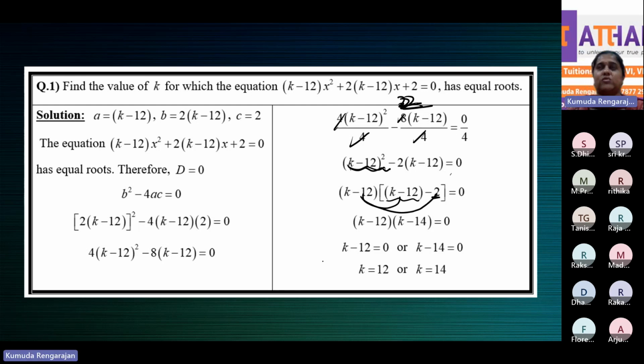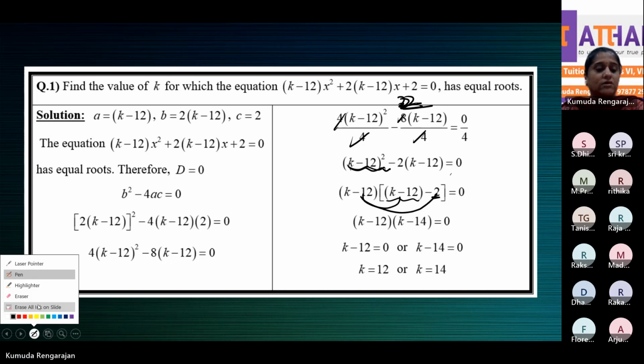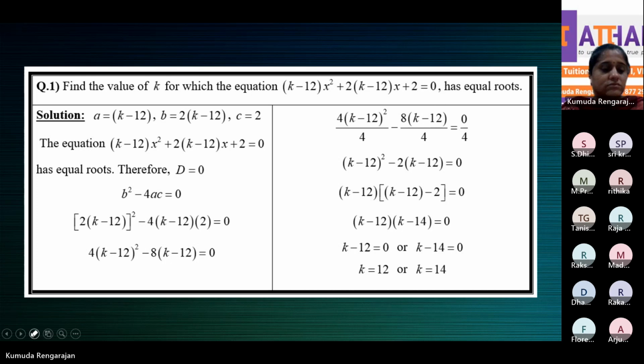Minus 2 into k minus 12 is equal to 0. All right. So k minus 12, minus 12 minus 2 is minus 14, is equal to 0. So k minus 12 is 0 or k minus 14 is 0. So k is equal to 12 or k is equal to 14.